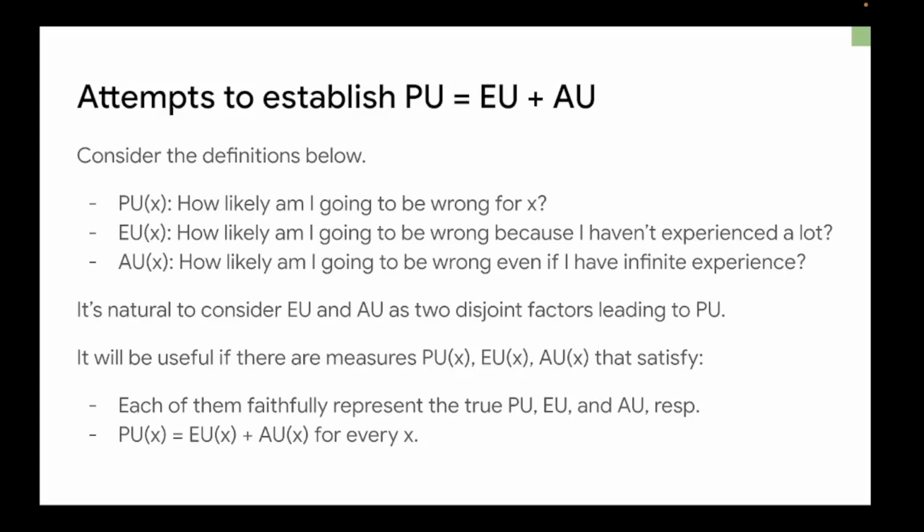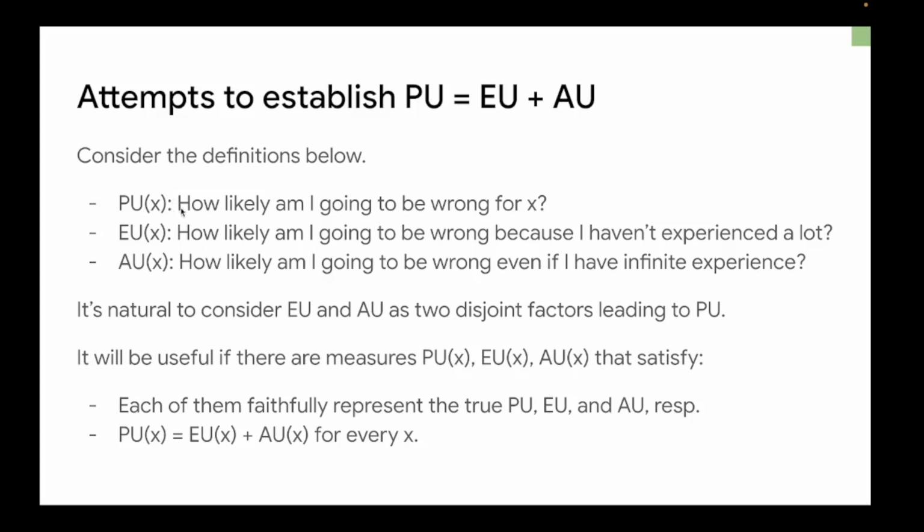But now we are probably really interested in going further than just separating EU and AU, but we wish to establish the relationship in a summation way. PU is essentially the summation of EU and AU. What's behind that logic even? So here I can come up with some definitions which motivate the desire to do this.